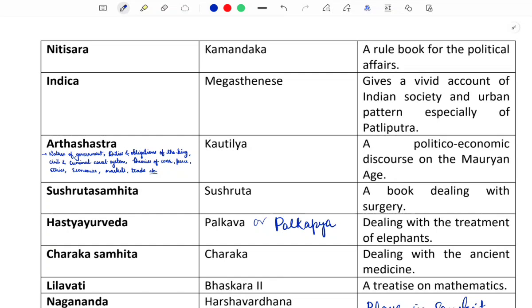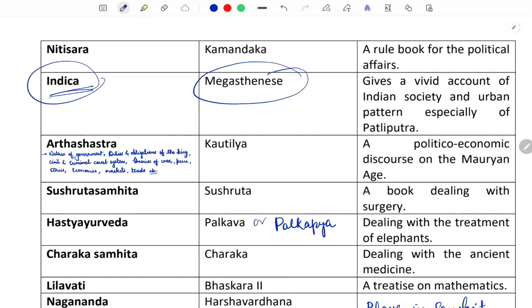This is a foreign account, Megasthenes' work, and it was called Indica. Indica currently is not in original format, and we find references to Indica in other Indo-Greek sources. This is why this text originally doesn't exist now.